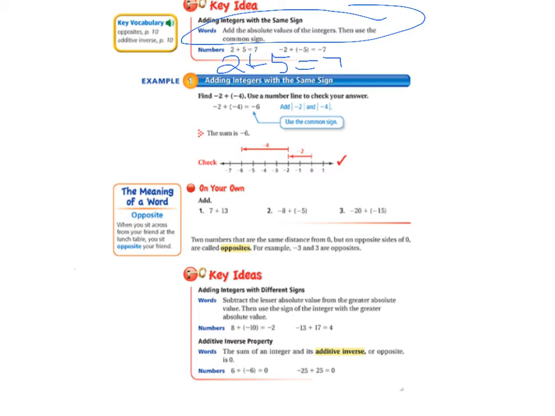And then if we have a negative 2 plus a negative 5, that equals a negative 7. So that's what we worked on with our integer counters. That would have been 2 negative counters plus 5 negative counters would equal 7 negative counters. And then let's look at example 1.